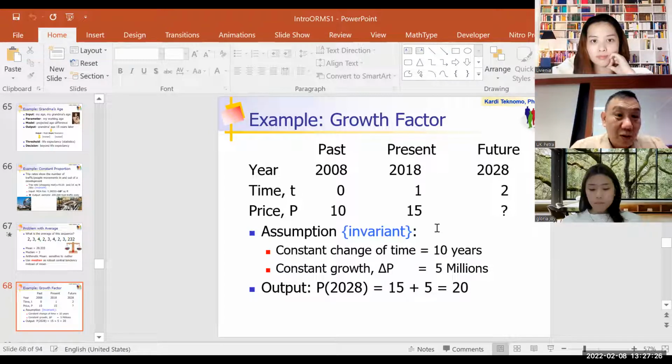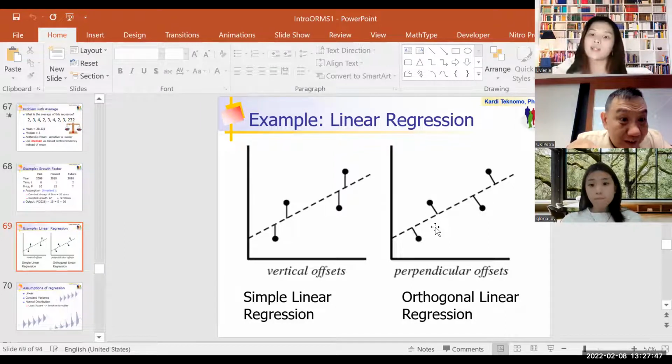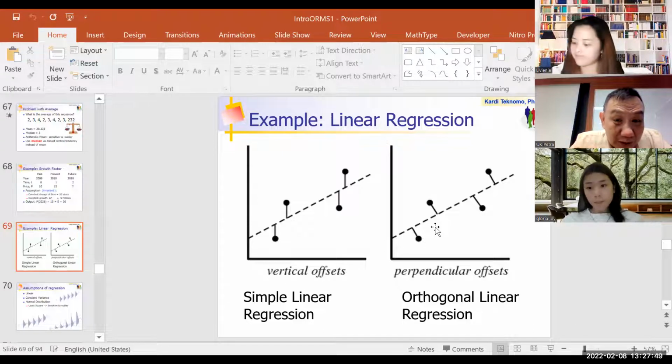So if your assumption is wrong, the model is wrong, your prediction is wrong. Okay, so again, I use simple linear regression. You learned this, right? You took statistics already. Which one is the error, the left or the right?